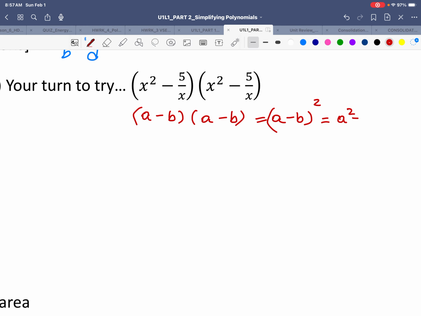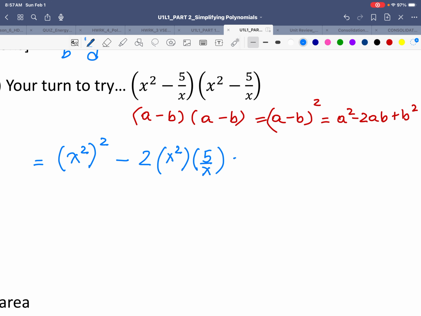So a squared minus 2ab plus b squared. And we're going to take the first term, bring it to the power of 2, so x squared to the power of 2, minus double of the first term with the second term, and then plus the second term brought to the power of 2.